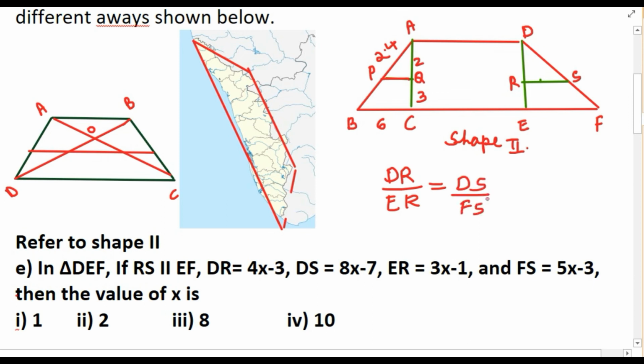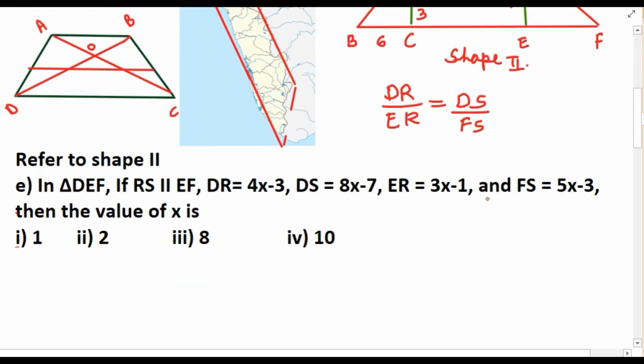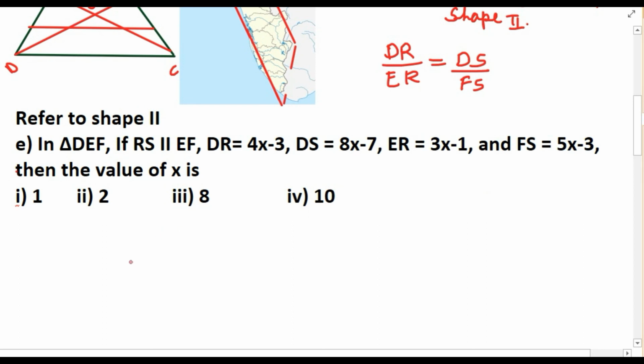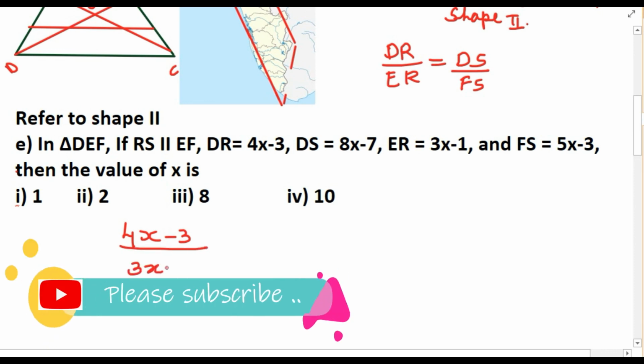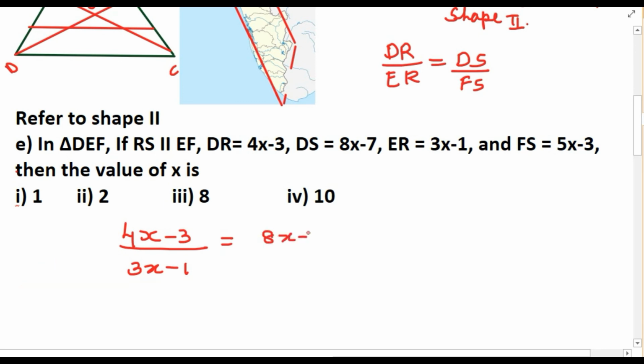Now we will substitute the values and find the value of x. So DR is 4x minus 3. ER is 3x minus 1. DS is 8x minus 7. FS is 5x minus 3. Now we need to cross multiply and find the value of x.